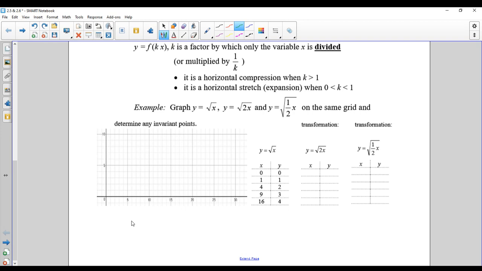So I'm going to go ahead and do that myself. I have the advantage of being able to see my grid a little bit better than you, a lot better than you. 0, 0, 1, 1, 4, 2, 9, 3, and 16, 4.